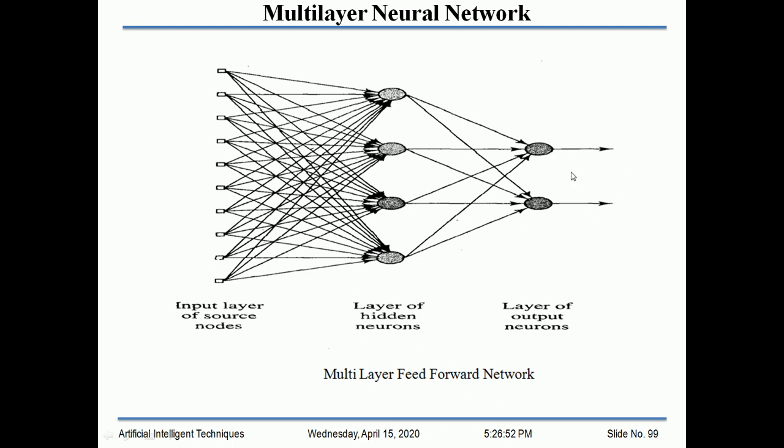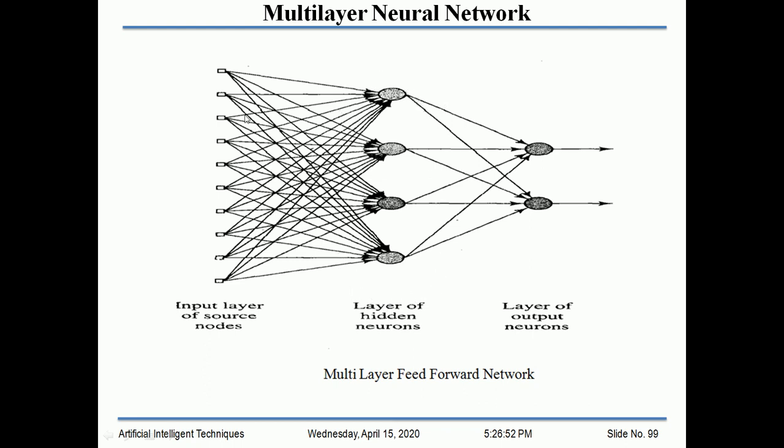This is the output layer, and in between the input nodes and the output layer you have another layer of neurons, which you call a hidden layer. Since this is available in between the input nodes and the output layer, this layer of neurons is called a hidden layer of neurons.